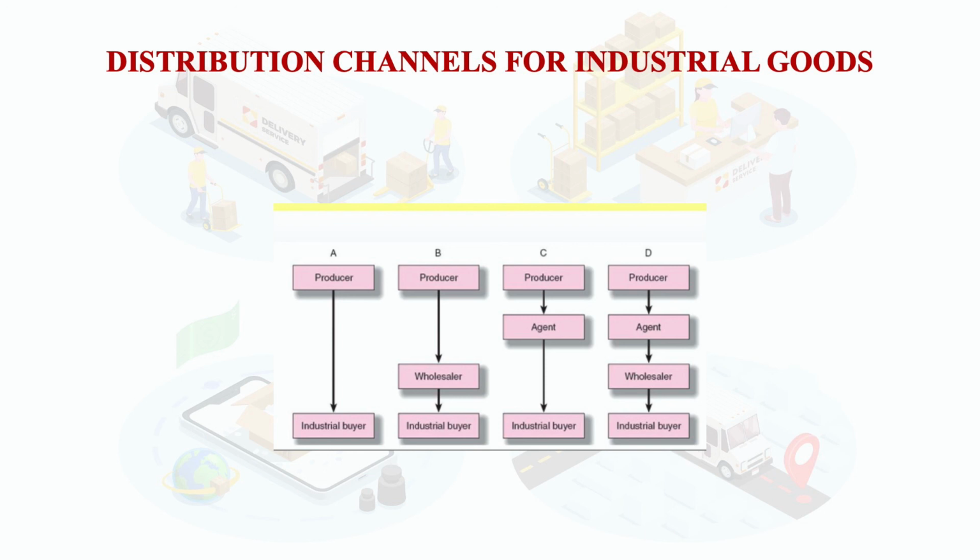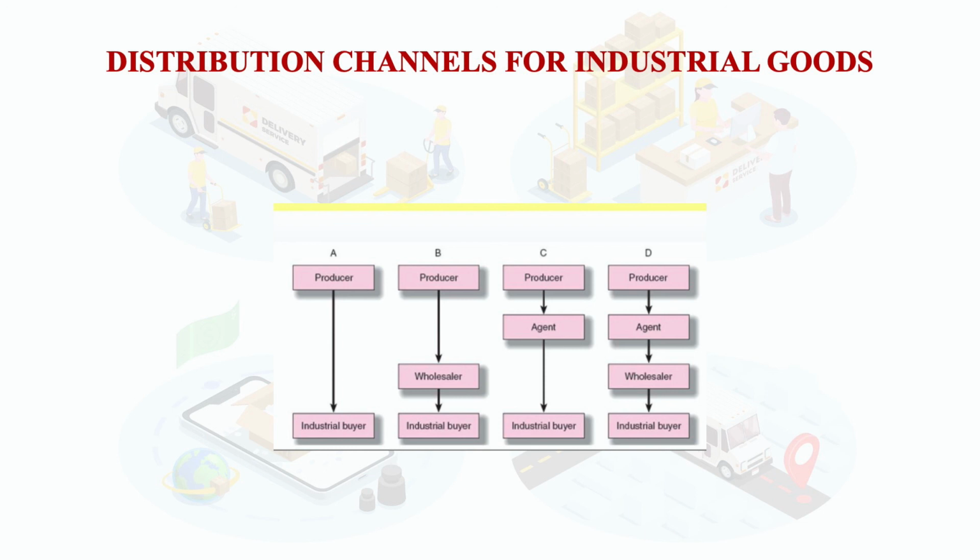So you may have a manufacturer and a consumer, that means the industrial buyer. You may have a manufacturer and an agent and going directly to consumers. You may have a manufacturer, a wholesaler and going directly to consumers.